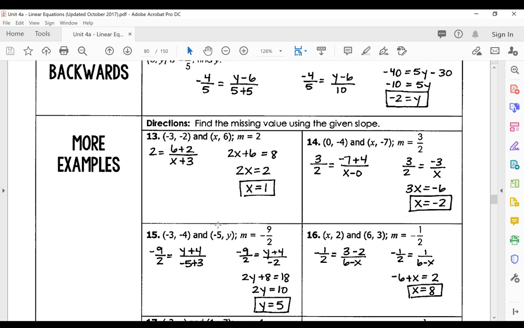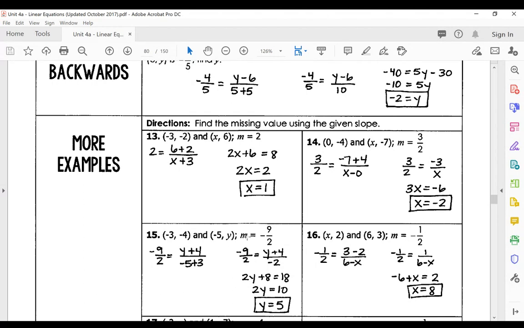The x value from the second point, -5, minus the x value from the first point, which is -3. -5 minus a -3 is -5 plus 3, which can be simplified to equal -2. And so over here on the right, we have this proportion where we've simplified -5 plus 3, and now we're ready to cross multiply and solve.